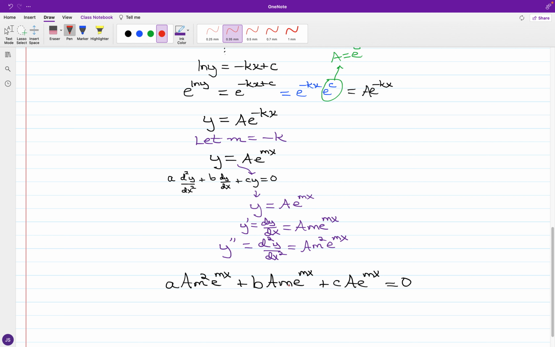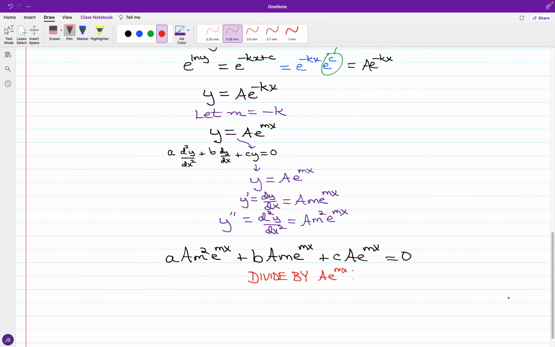So in the rewrite, we're going to have am squared plus bm plus c is equal to 0.